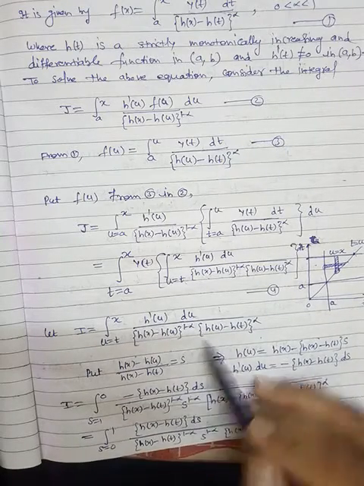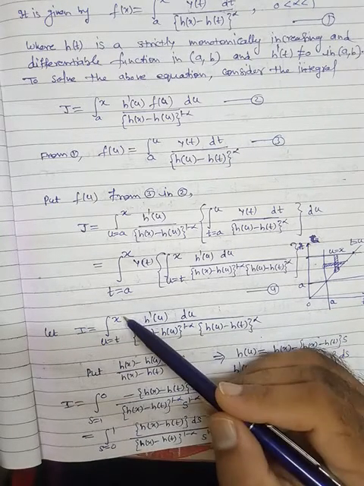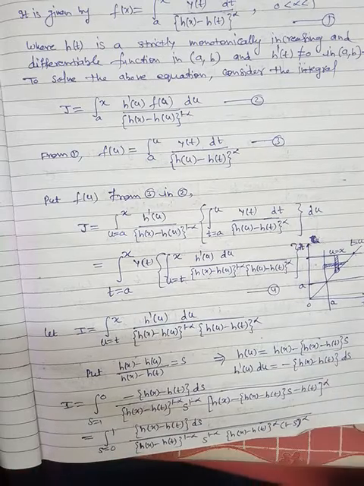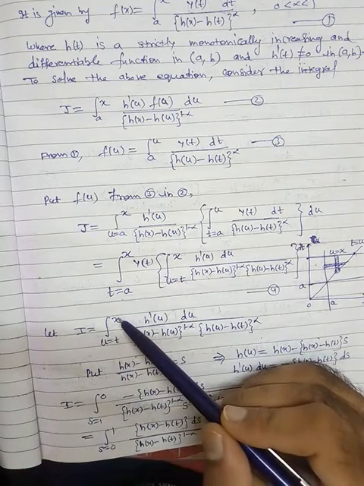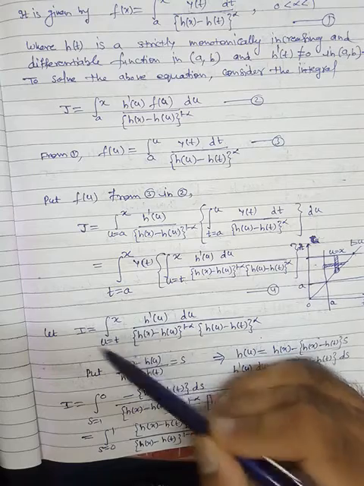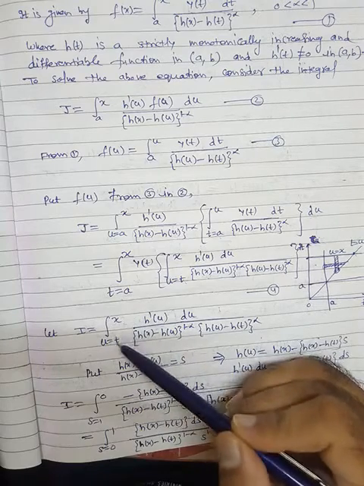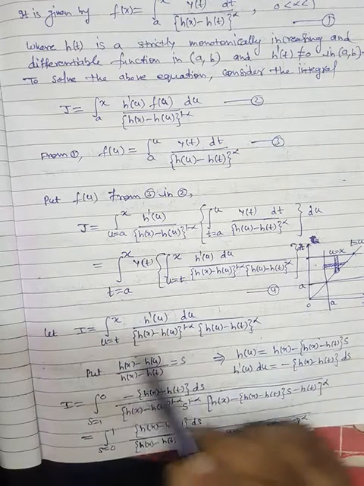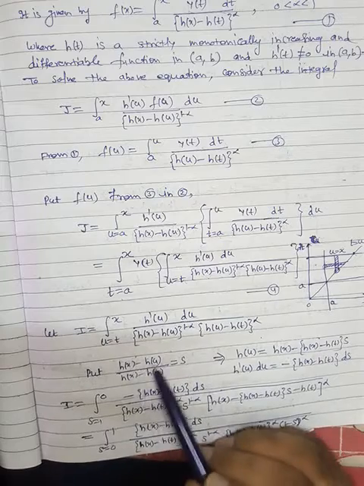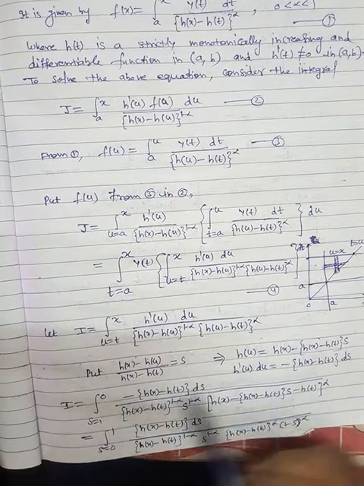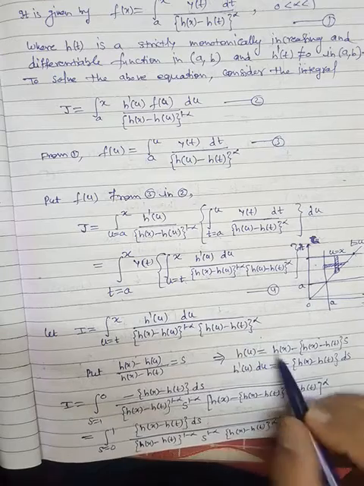To solve this, we will use the beta gamma function, as we have done earlier. We have to convert the limits from t to x into 0 to 1, so we need a transformation: (h(x) - h(u)) divided by (h(x) - h(t)) is equal to s.